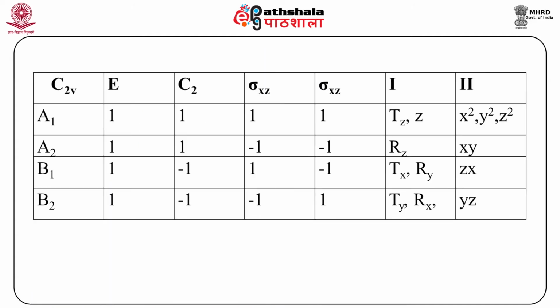In the table of C2V point group, against the irreducible representations A1, A2, B1, B2, in the last column are listed basis sets, that is, which basis set forms the basis for which irreducible representation. Or I can say, I have to now look at x, y, z, Rx, Ry, Rz, the basis functions, and see which are the basis for which irreducible representation.